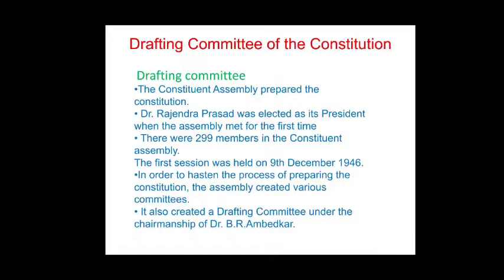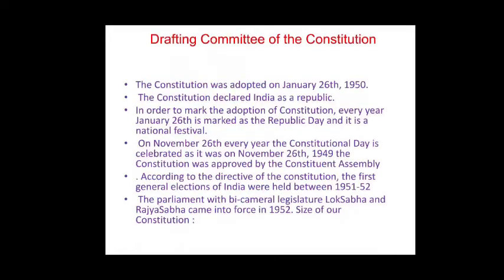Next point, the drafting committee of the Constitution. The Constituent Assembly with Indian members was formed in 1946. The Assembly had 389 members. With the partition of India, the total members came down to 299.